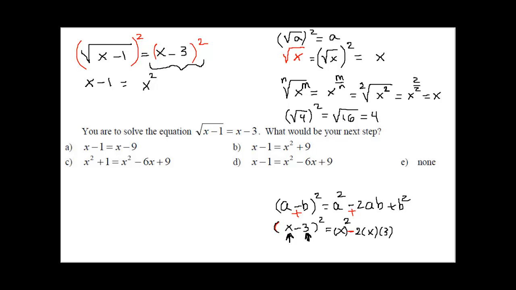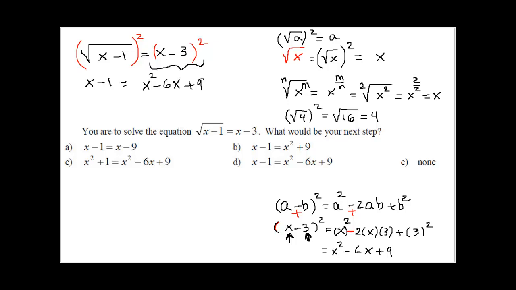And your second term is b, in this case it's 3, and you square that. So you should get x to the power of 2 minus 6x plus 9. Okay, so it would be x squared minus 6x plus 9.